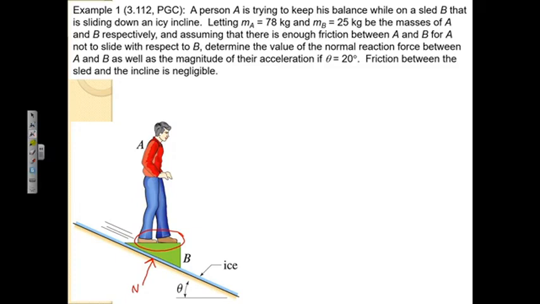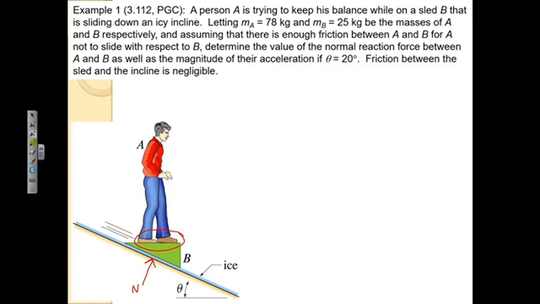It's going to say how these things are moving. And what's nice is that we just really have to track one acceleration because we were told that there's enough friction between the block and the guy's feet so that he's not sliding relative to that. So here's what we got.